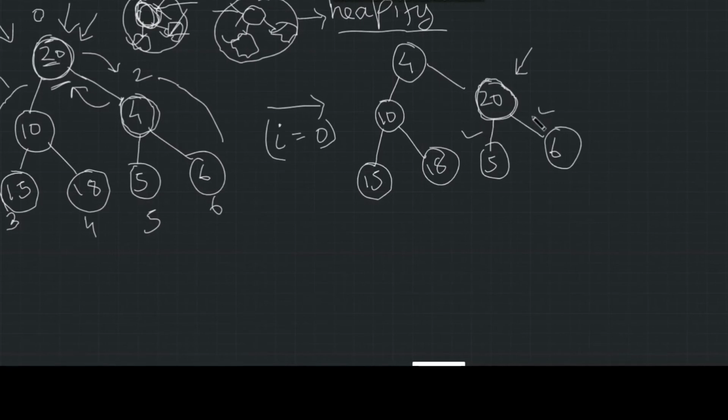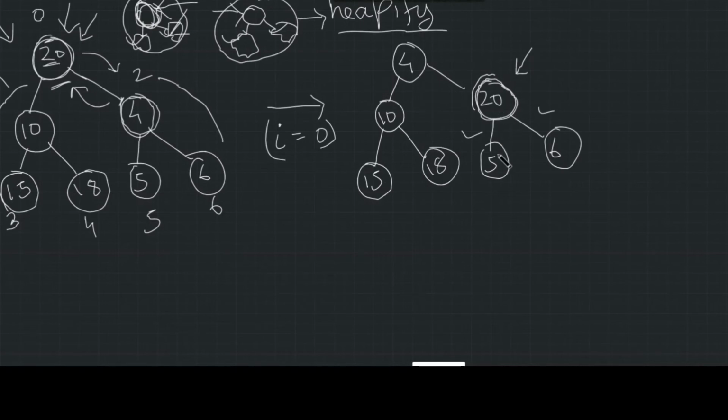A single node can be a min heap or a max heap. Because we are taking the example of a min heap, we can assume that its left child and right child are both min heaps. But due to this 20, the min heap property gets violated.